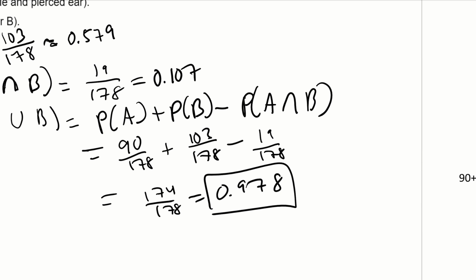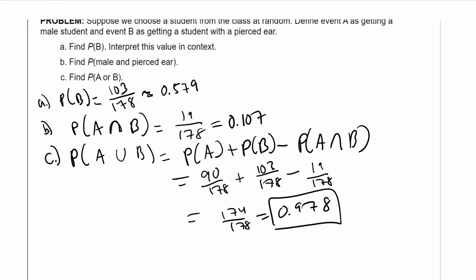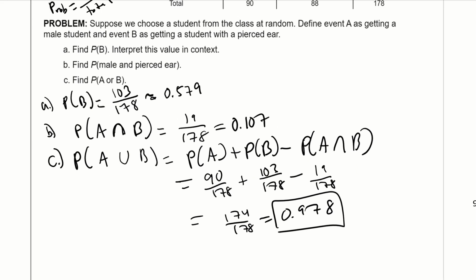All right. So we got roughly 98% in either category, which means if they asked for those that don't have those characteristics, so not male, not pierced ear, it's everything else.